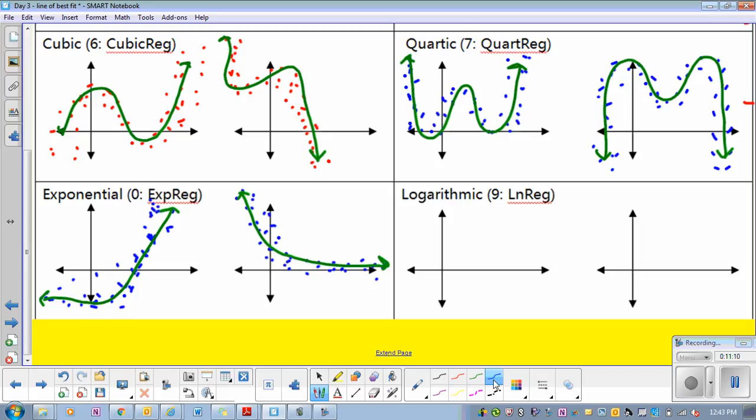And then let's look at ln reg, which is the log reg. So log can be, maybe it looks like this.